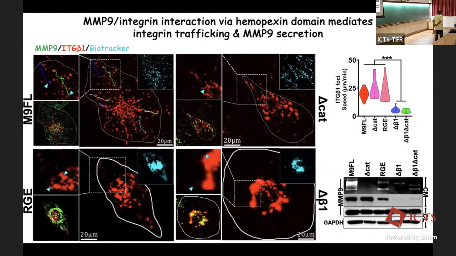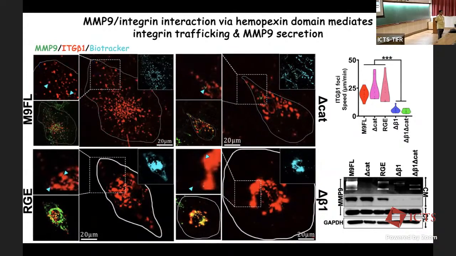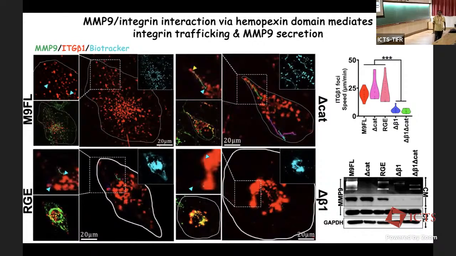We did some tricolor experiments wherein MMP9 and integrin beta 1, both of them were tagged, and we also labeled with biotracker. Biotracker will label all vesicles inside the cell, right? So we track them, let me replay the video.